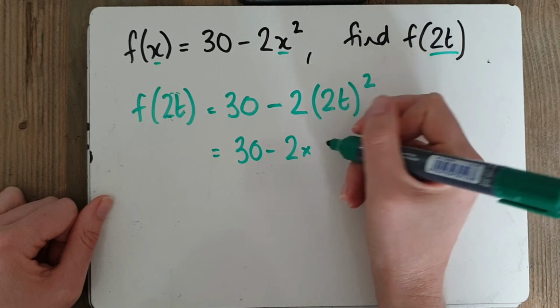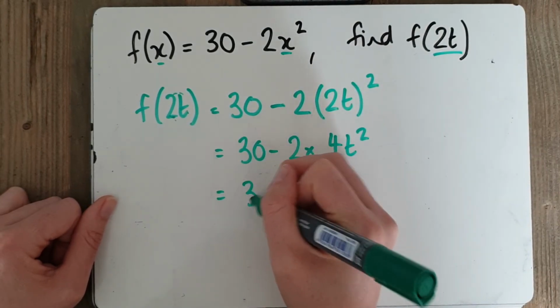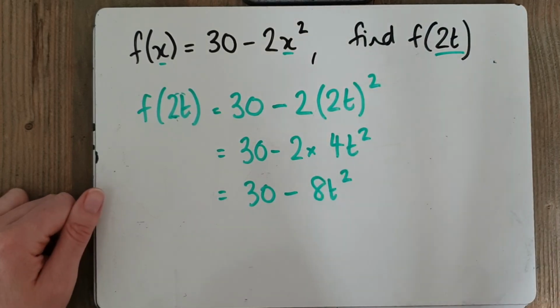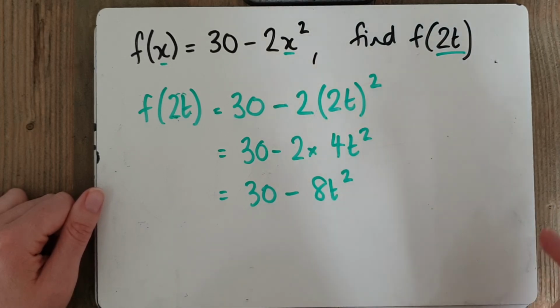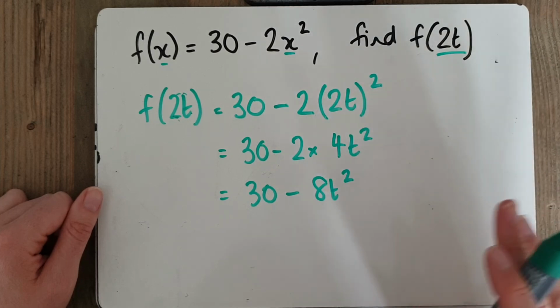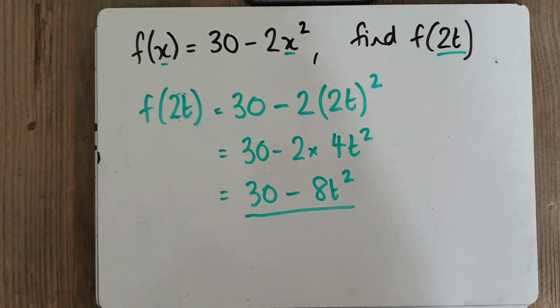So 2t all squared is going to be 4t squared. And we simplify it as much as possible. We get 30 minus 8t squared. We cannot simplify it any more than that. So that is it. That's the end. This is our answer. That should mean you can now do question 4.